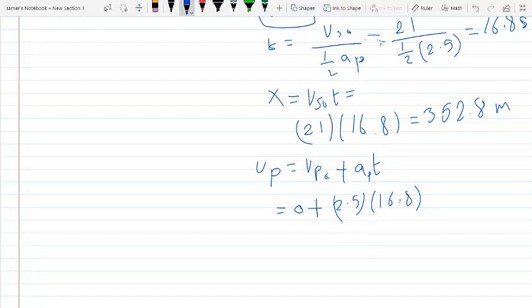So 2.5 times 16.8 is equal to 42 meters per second, and this is equal to 151.2 kilometers per hour.